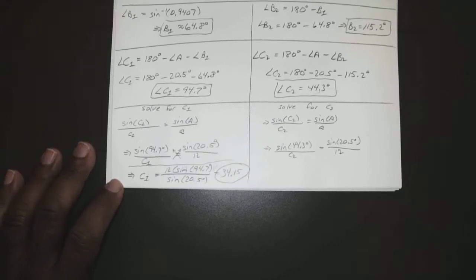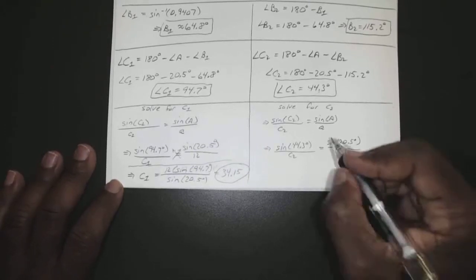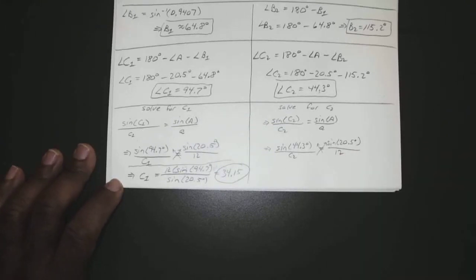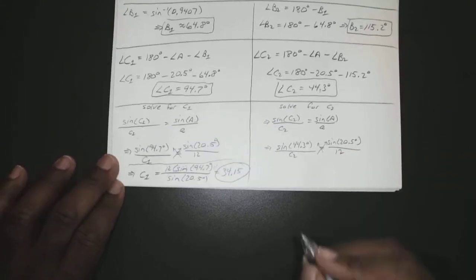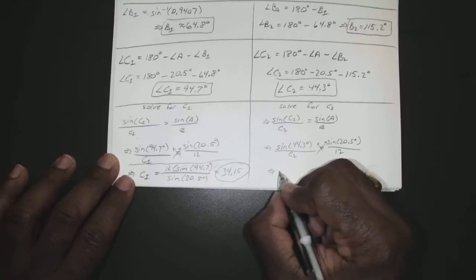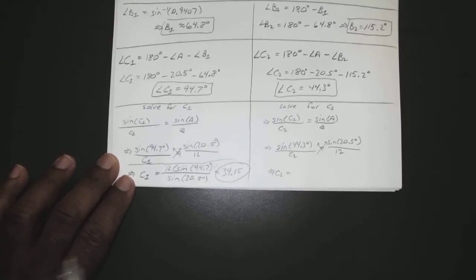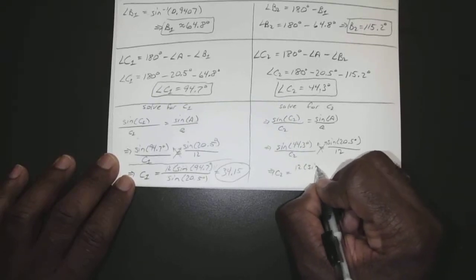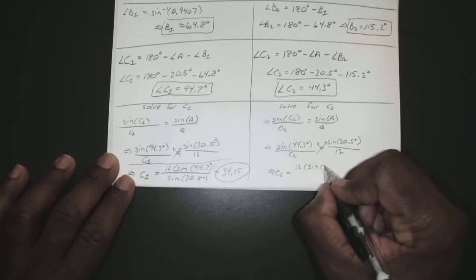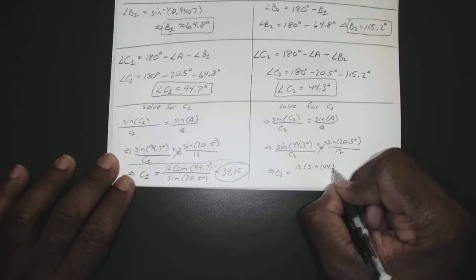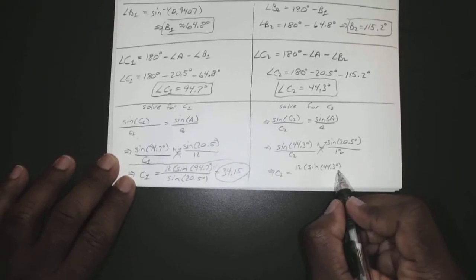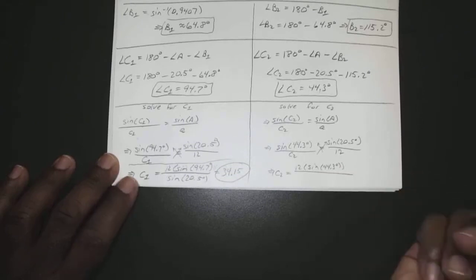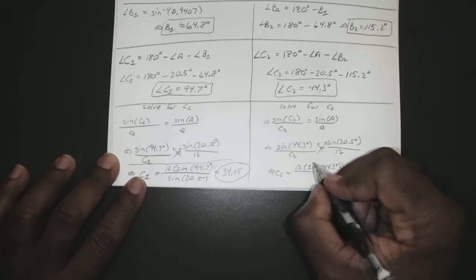Okay. And again, we just cross multiply. Okay, so we know that our side C2 is equal to 12 times sine of 44.3 degrees divided by sine of 20.5, sorry about that.